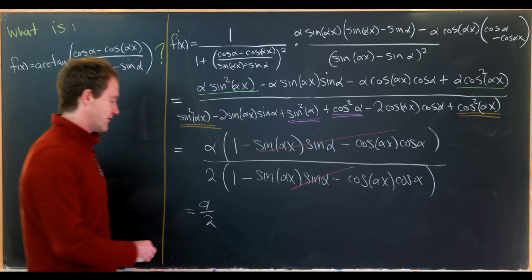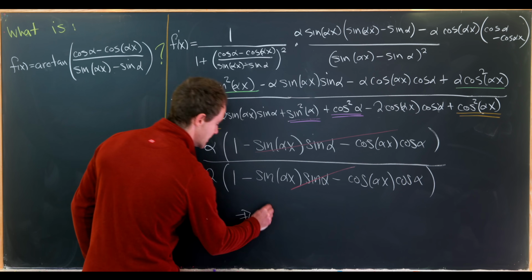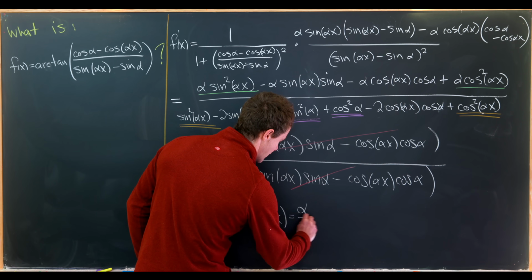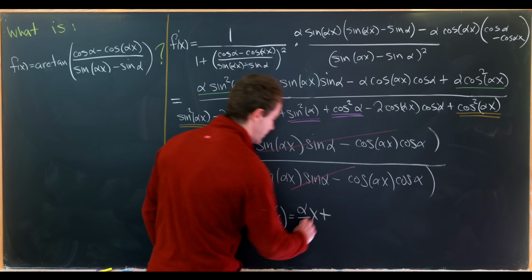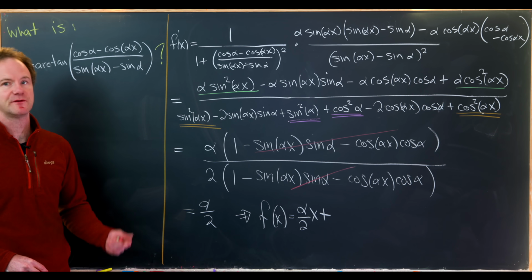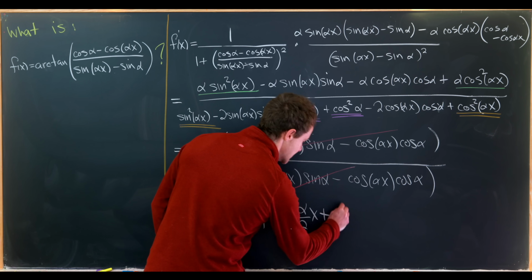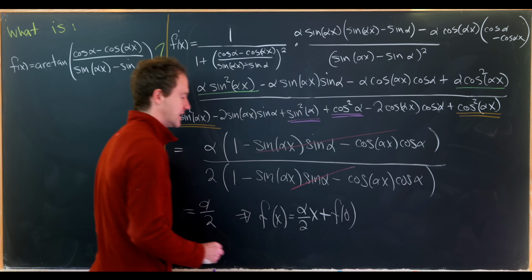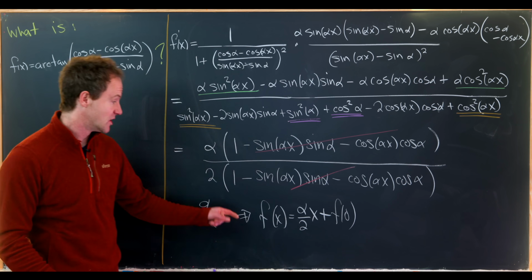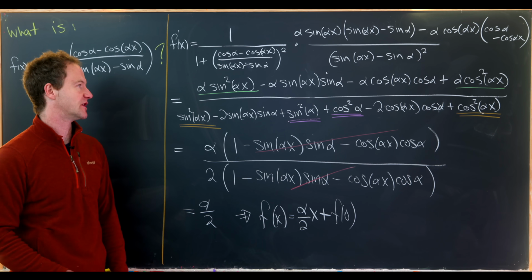So if f prime of x equals alpha over 2, then that means f of x equals alpha over 2 times x plus some constant. A constant which happens to be the original function evaluated at 0. So let's put in f of 0 here. So there we have it. Our function, which has this crazy definition, really simplifies to the equation of a line.